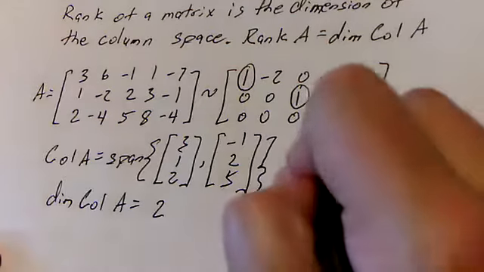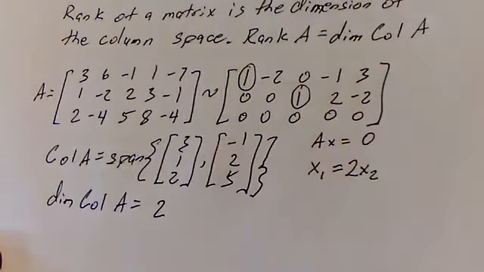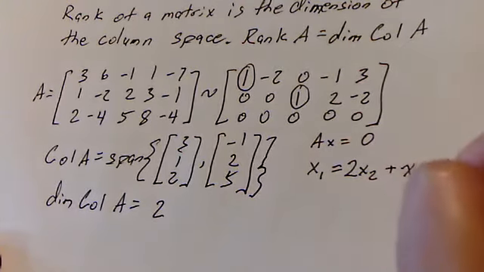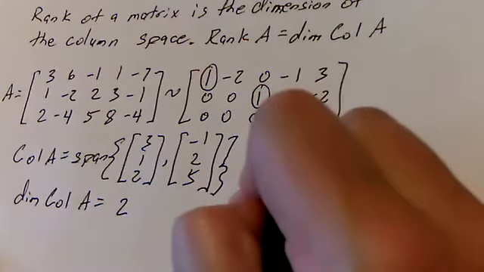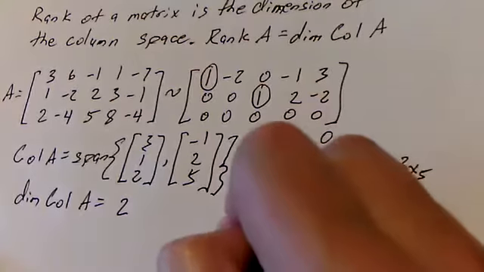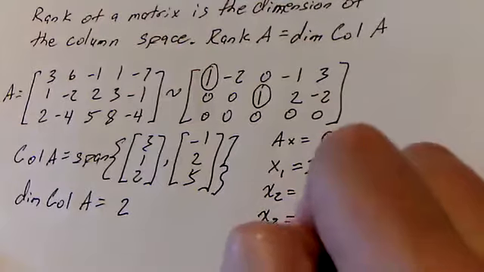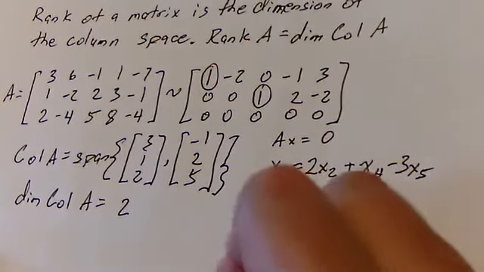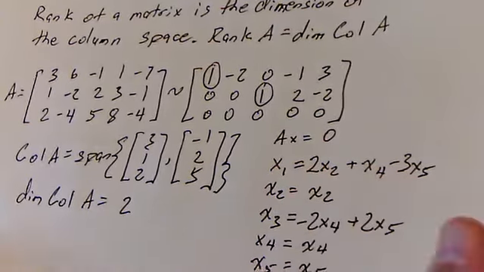The solution set has x1 equal to 2x2 plus x4 minus 3x5, again moving each of those to the other side of the equal sign. x2 is a free variable, so x2 is x2. x3 is negative 2x4 plus 2x5. x4 is a free variable, and x5 is a free variable. Notice those are not pivot columns, so they must be free variables.